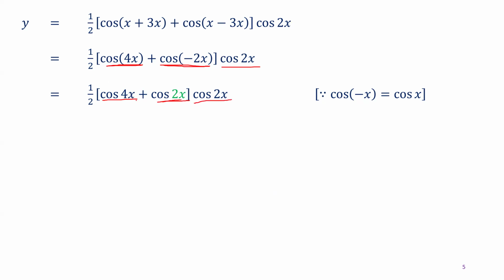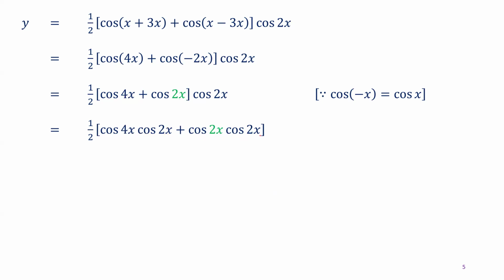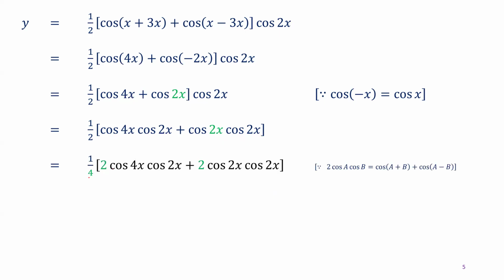Now if we open the bracket, 1 upon 2 into cos 4x cos 2x plus cos 2x cos 2x. Now we again multiply by 2 and divide by 2: 1 upon 2 into 1 upon 2, and this is 2 cos 4x cos 2x plus 2 cos 2x cos 2x.